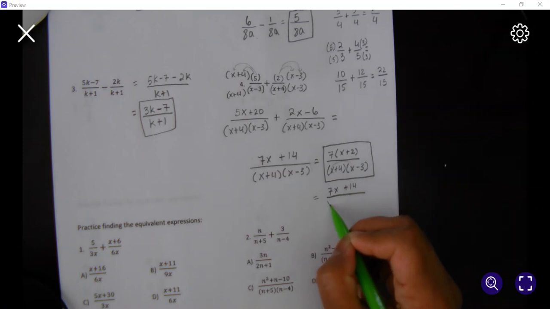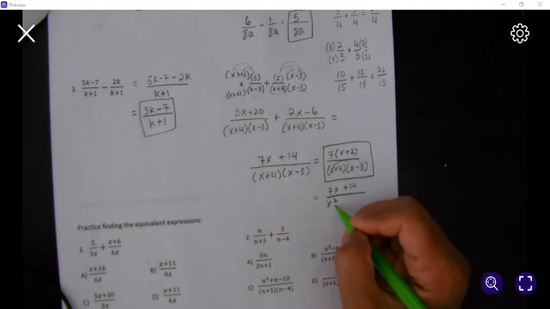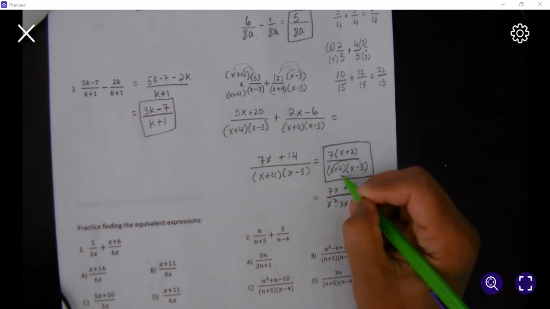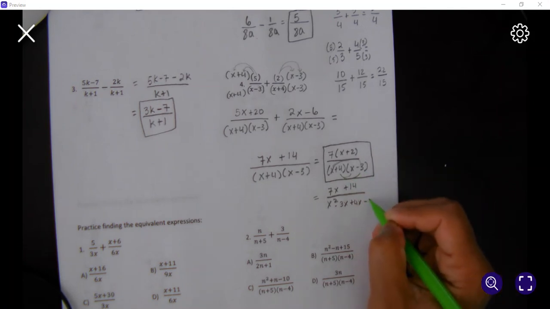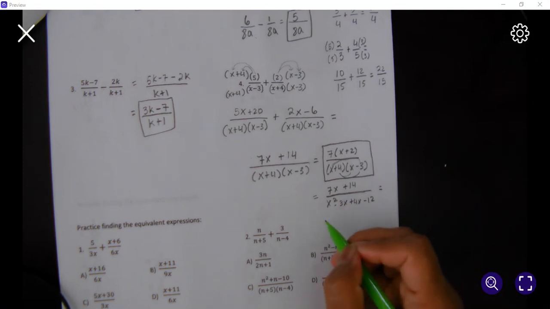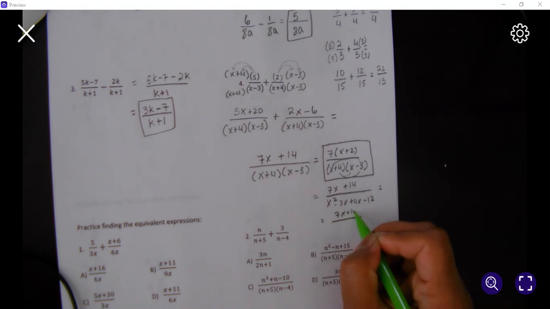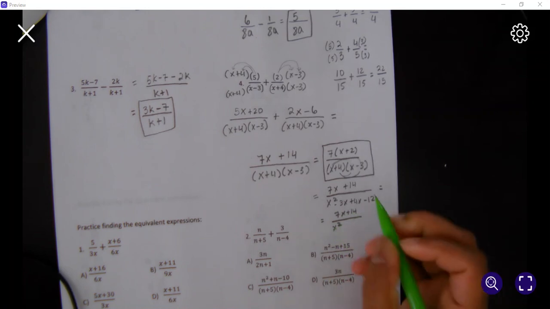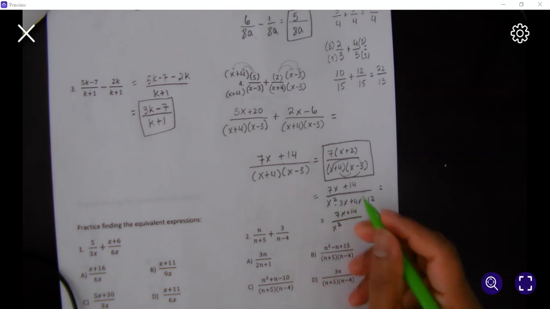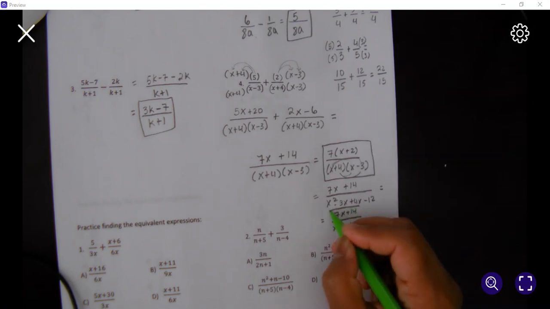So you have x times x, which is x squared, x times negative 3, which is negative 3x plus 4x, and then so this would be negative 12, and then if I were to simplify this even more, you would have 7x plus 14, and then you would have x squared, and then here you can combine your like terms. You have negative 3 plus 4x, which is 1x minus 12. Okay, you might see the answer like this as well.